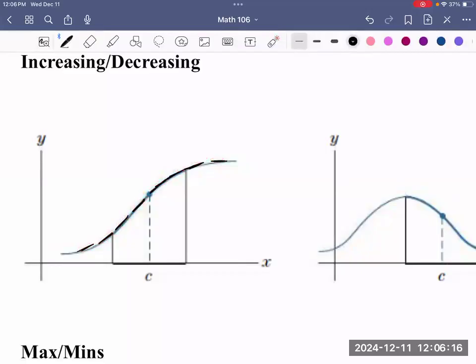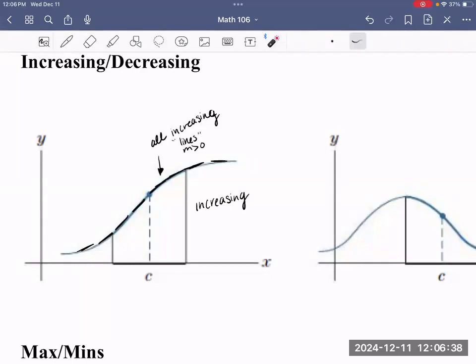Well, all of these little miniature slopes are all increasing lines. Therefore, M is positive. We are going to be increasing on a particular interval.